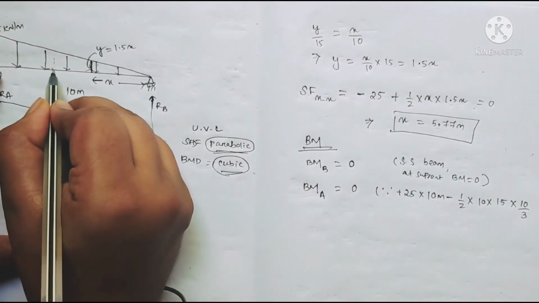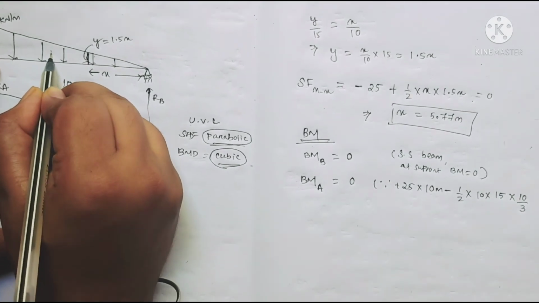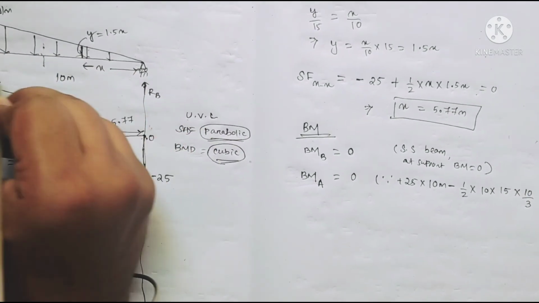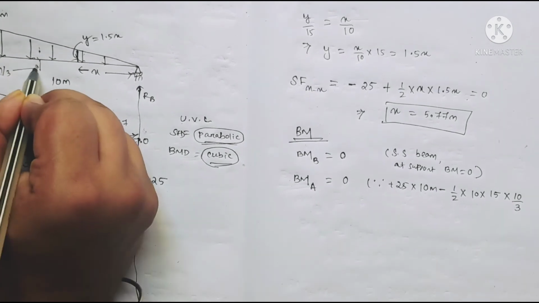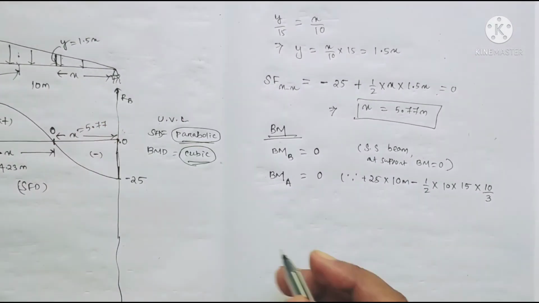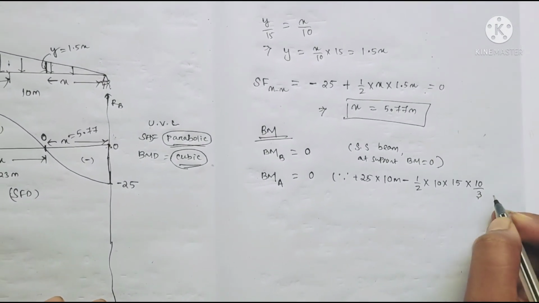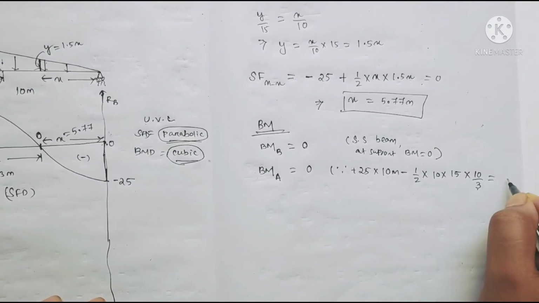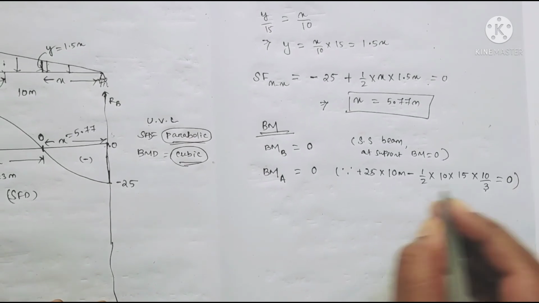The value of h is 10 meters, the whole section, so this distance will be 10 by 3. Calculating this value, it comes out to 0.